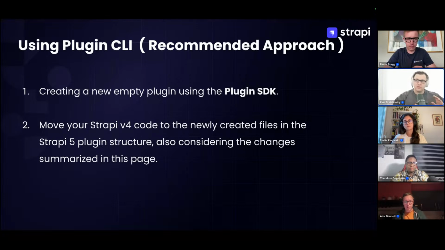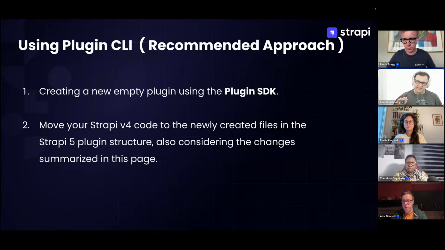If you have a plugin that you built for v4 and you want to take advantage of the build steps in our plugins, regardless of whether you're using TypeScript or not, it's recommended that you create a blank new plugin using the plugin CLI, and then you move your old code piece by piece to your new plugin, because this is going to do a lot of the heavy lifting that you might have to do manually if you do the second approach.